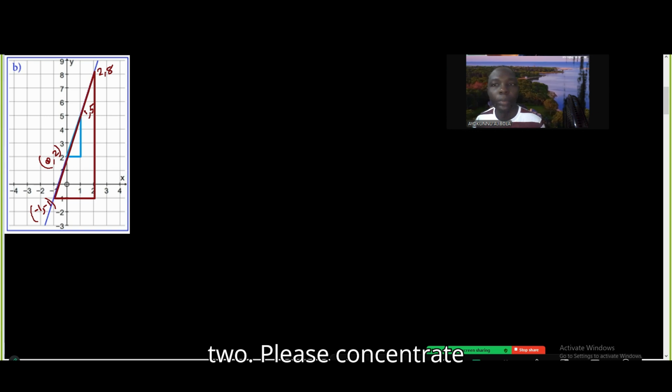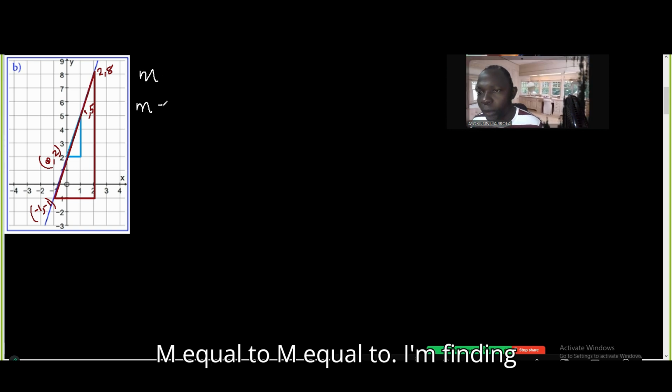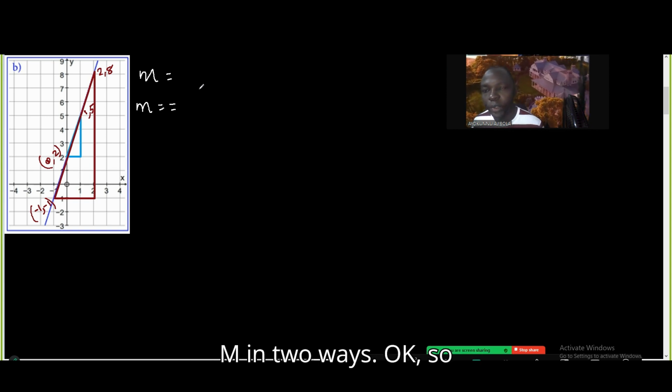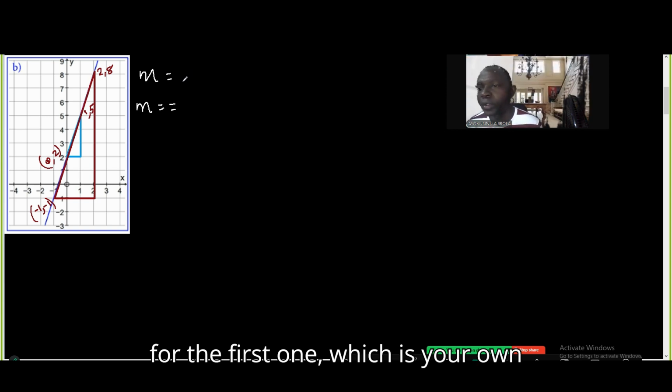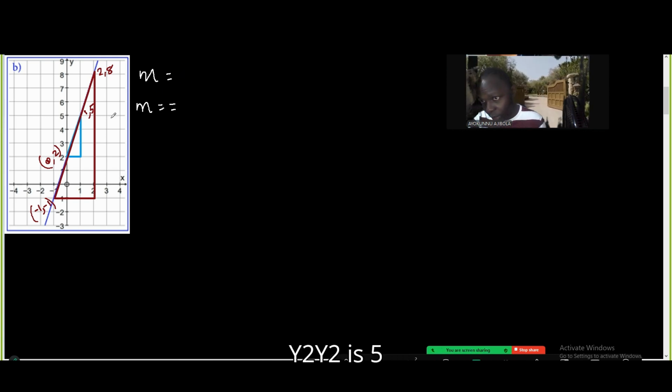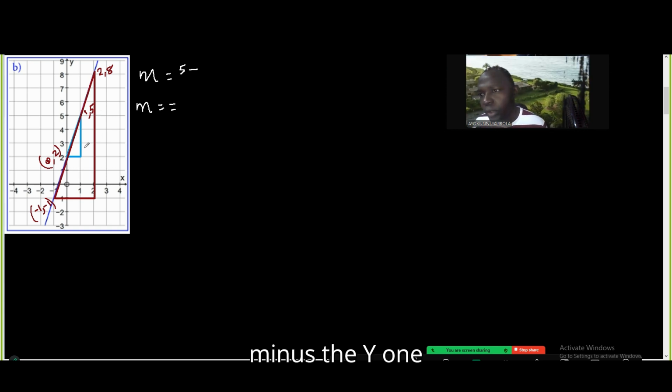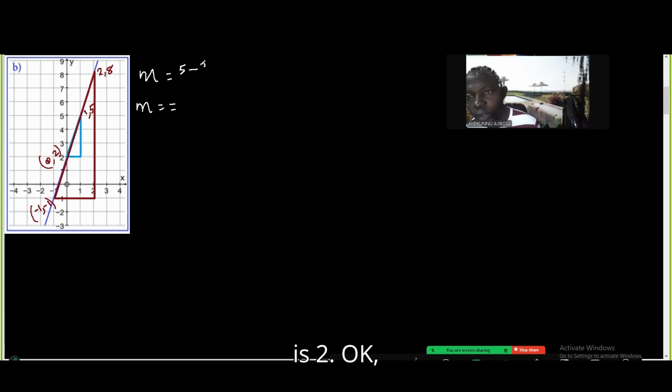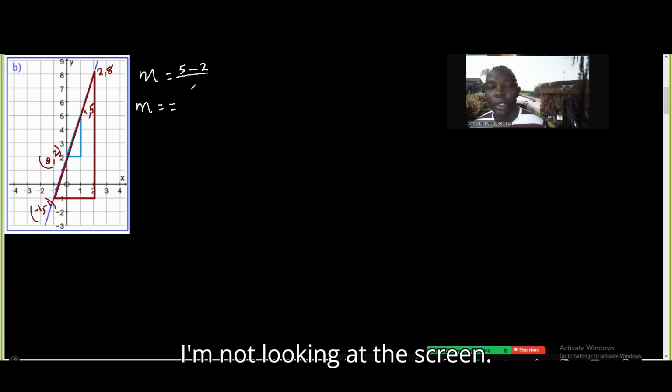Please concentrate. I'm finding m in two ways, okay? So for the first one, which is your own, y2 minus y1. What's your y2? Y2 is 5 minus your y1 is 2.